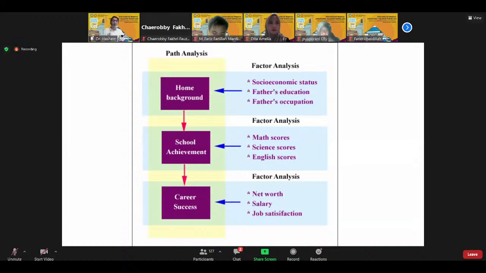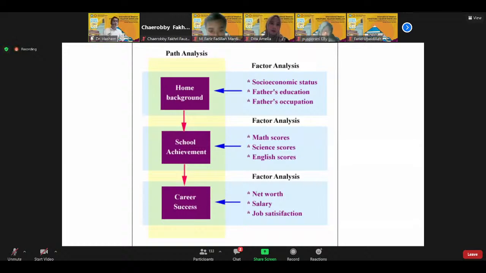This is the difference between the path analysis, which is part of the structural equation model, and the factor analysis, right? With factor analysis, all of us, as statisticians and mathematicians, know we analyze many factors put together.